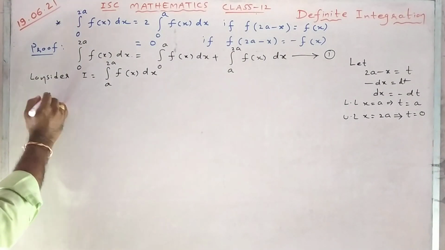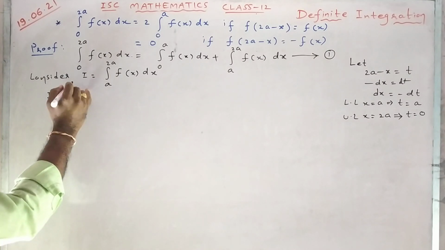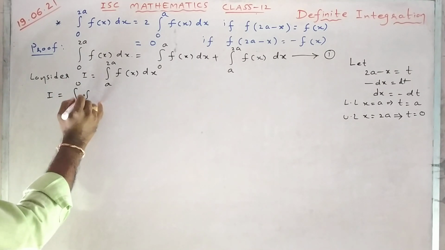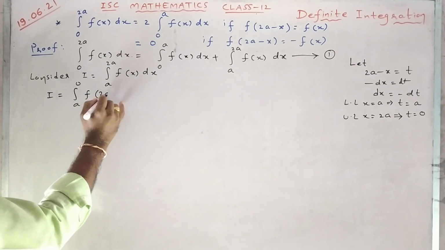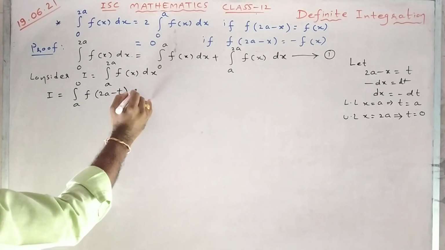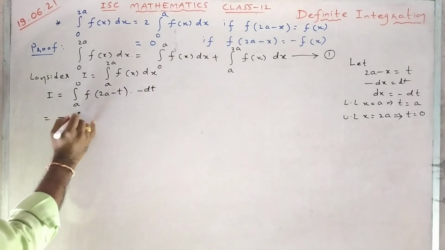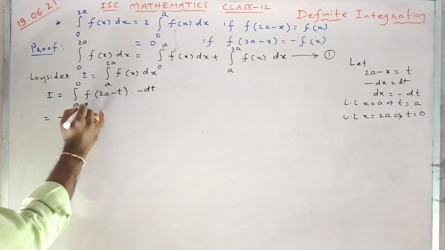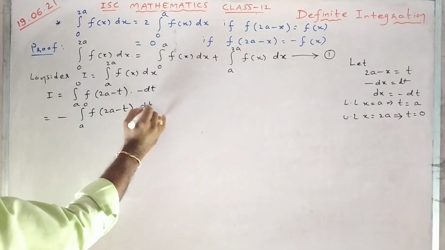So the limits change from a to 0, f of 2a minus t in the place of x, and dx means minus dt. So minus integral a to 0 f of 2a minus t dt.